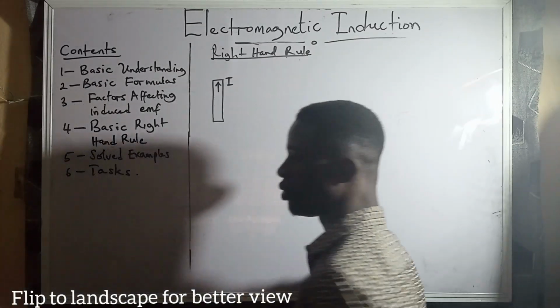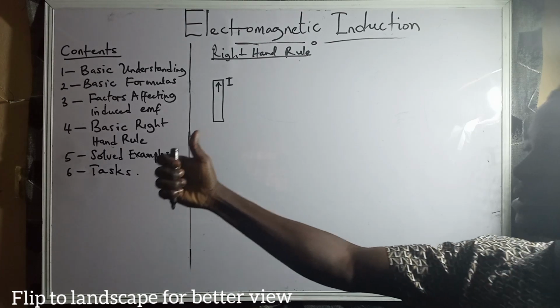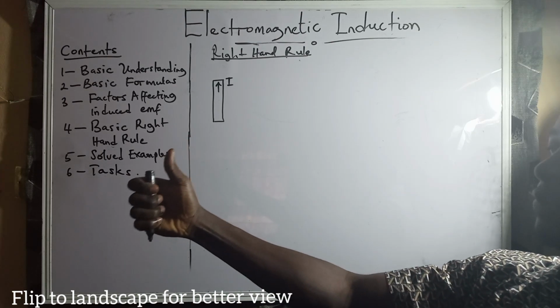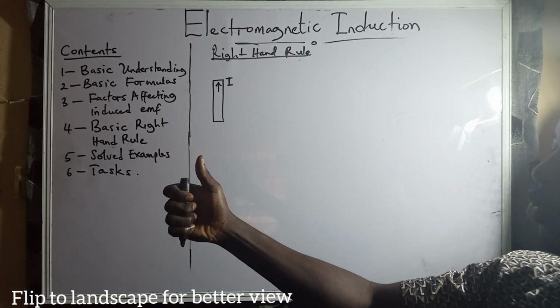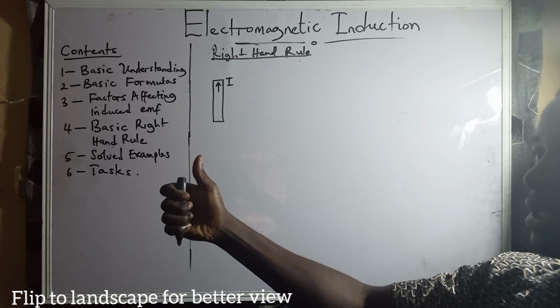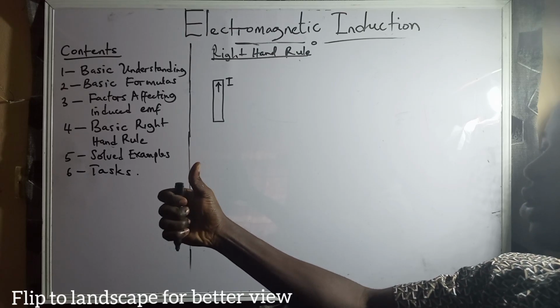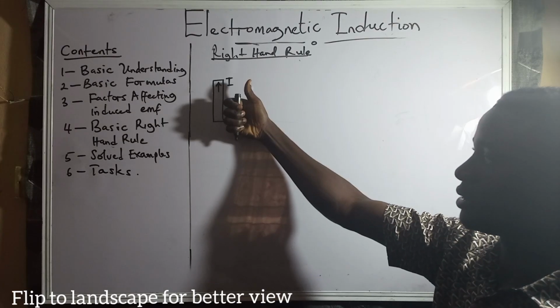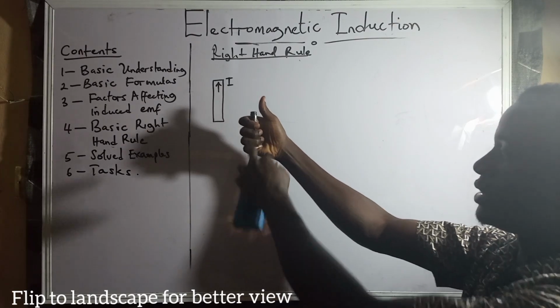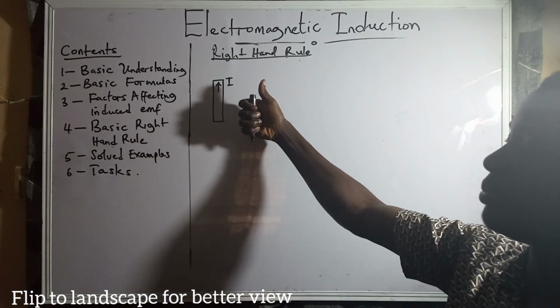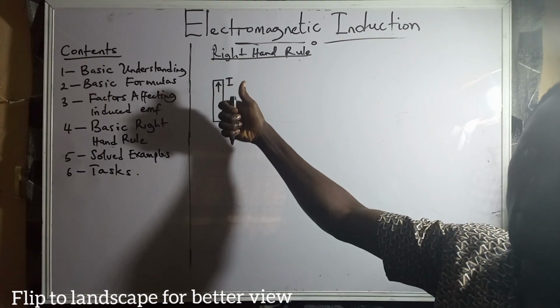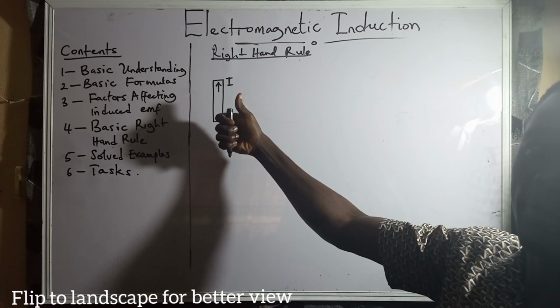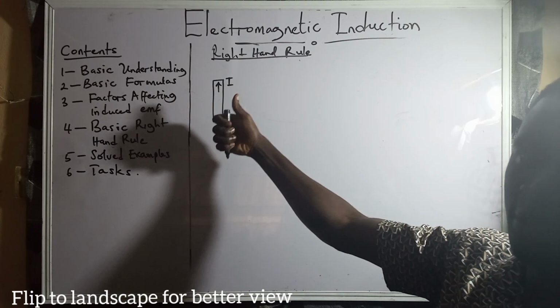I want you to hold your pen up like this. If you grip your pen like this, while sticking it upwards, then your thumb will represent the direction of the flow of the current, while the remaining 4 fingers will represent the direction of the magnetic field around that coil.